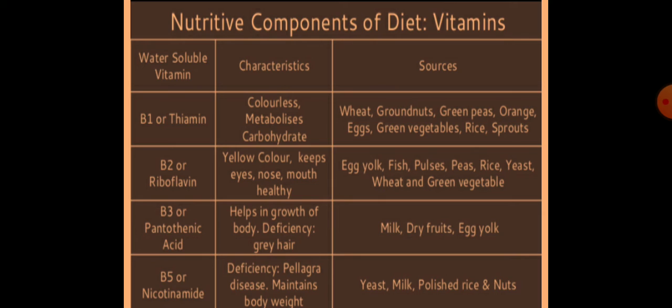Milk and dry fruits and egg yolk are sources. B5, nicotinamide, deficiency, pellagra. Maintains body weight. Yeast, milk, and polished rice and nuts are the sources.